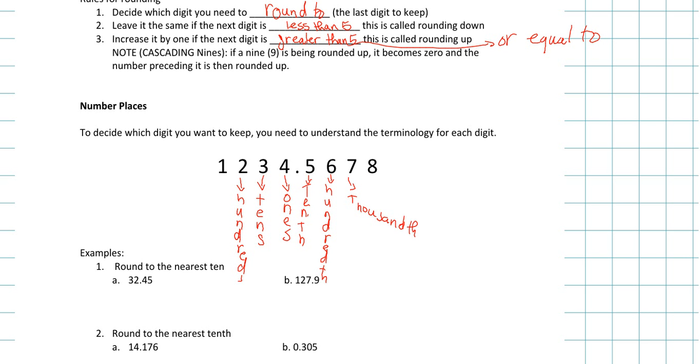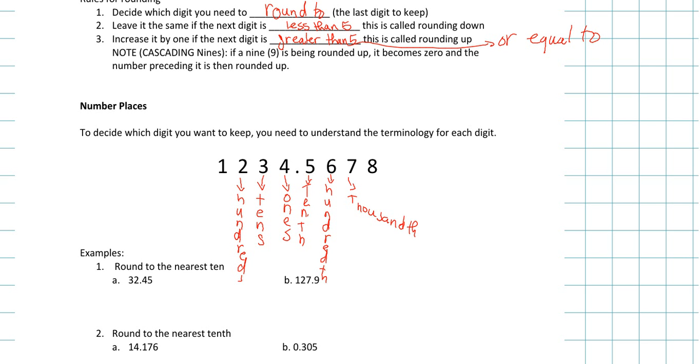So let's look at the first question. The first question is asking you to round to the nearest 10. So what number represents my 10? The 3, right? So this is the one that I'm going to keep.